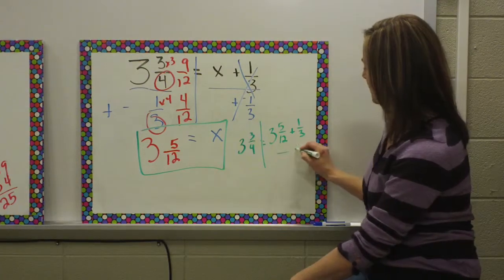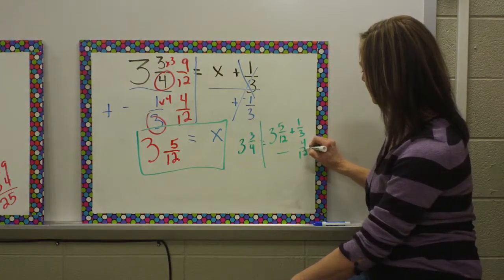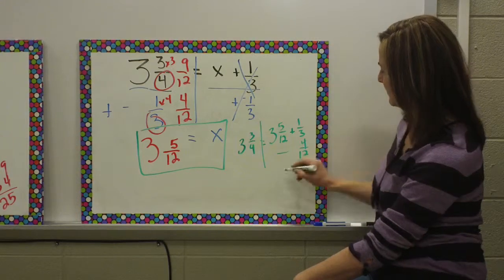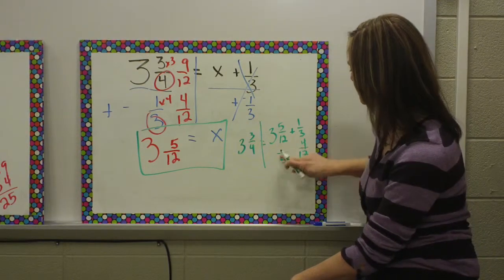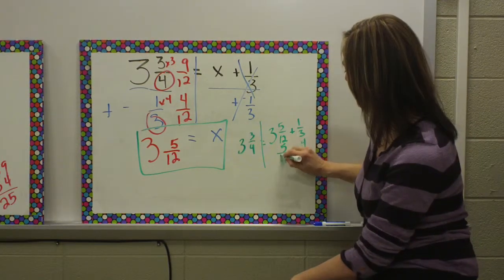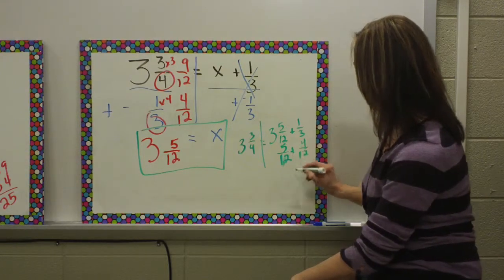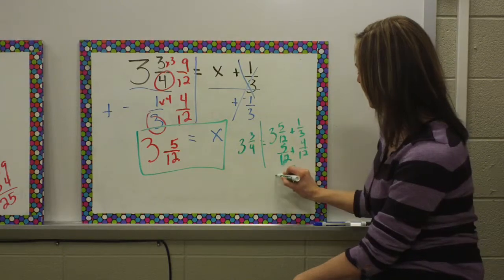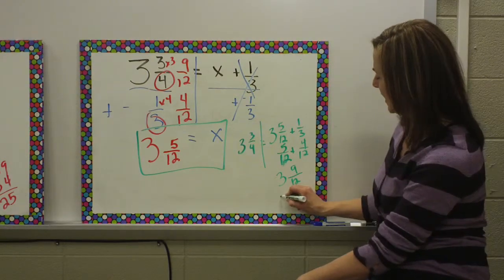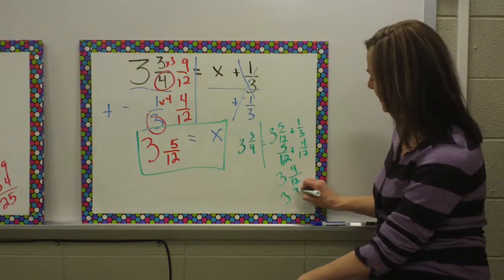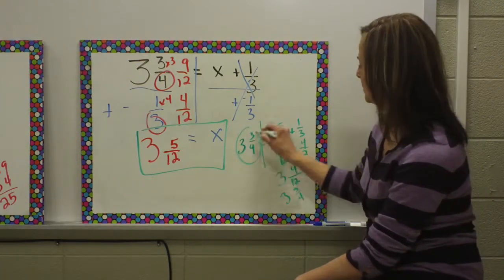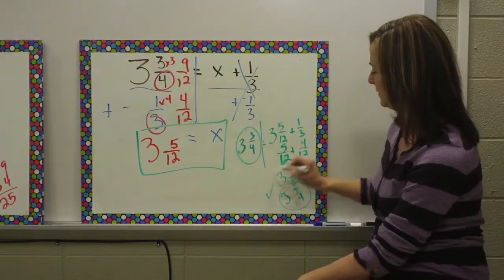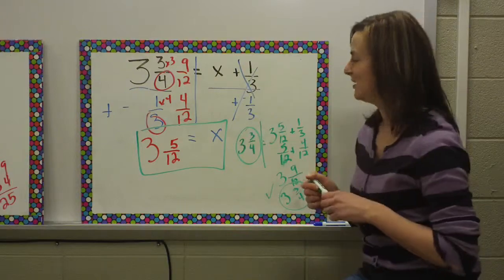Okay, so I'm going to quickly solve this by rewriting. So I have the same denominator, 5/12 plus 4/12. Add that together, 5 plus 4 is 9/12. Bring down my 3, and when I simplify 9/12, I get 3 and 3/4. Since 3 and 3/4 equals 3 and 3/4, I know that I have solved this correctly.